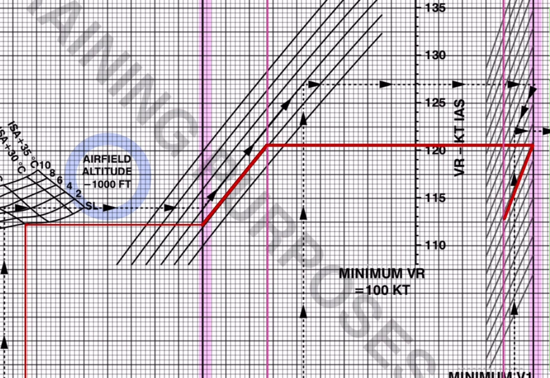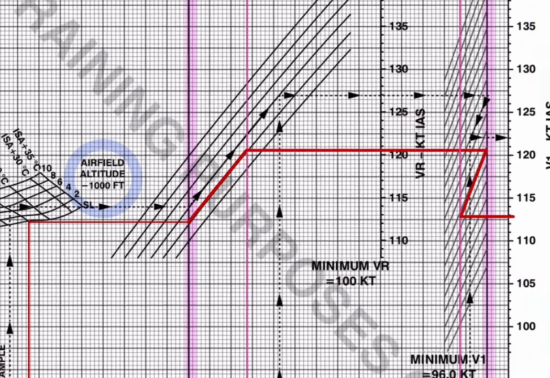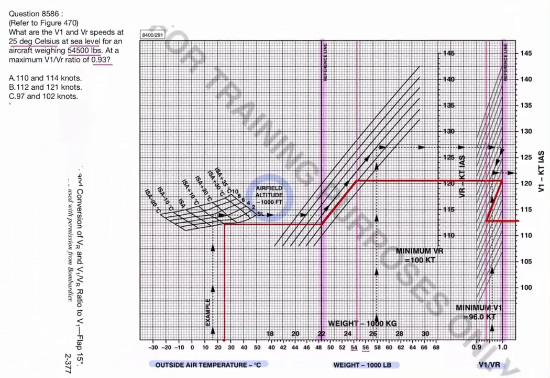And then I'm going to take that directly over. So here, looking at the chart, there's no notes we need to consider. We're just trying to find our answers. So notice that over here, this is V1. So I know our answers are to the left, but I'm going to say V1 is probably about 113.